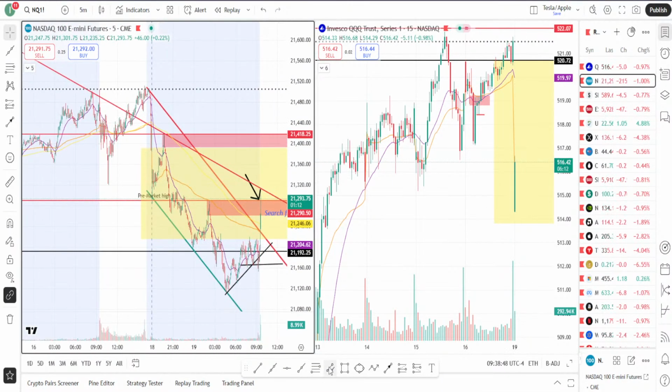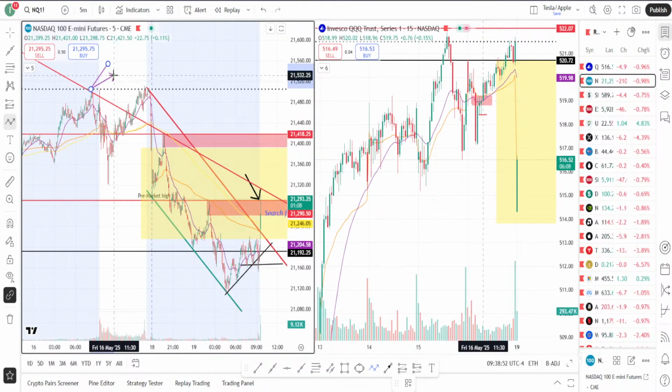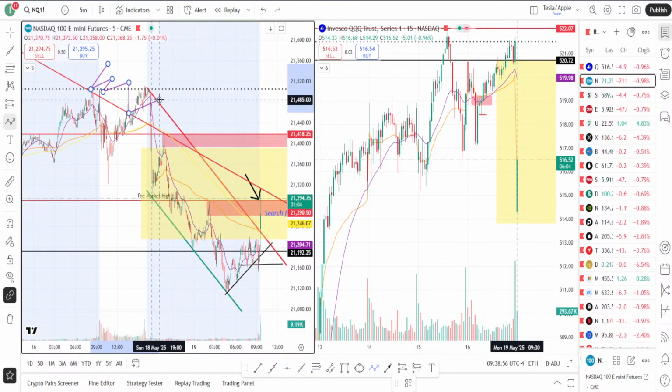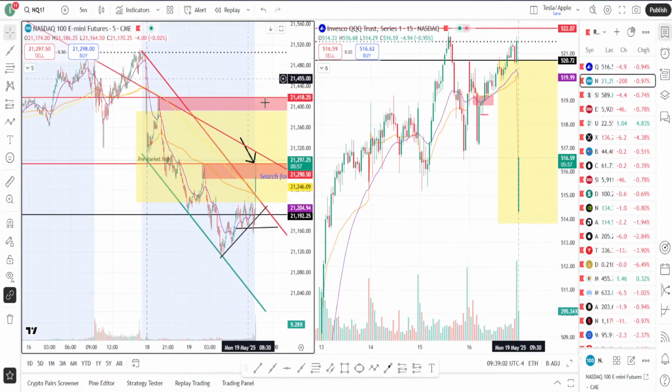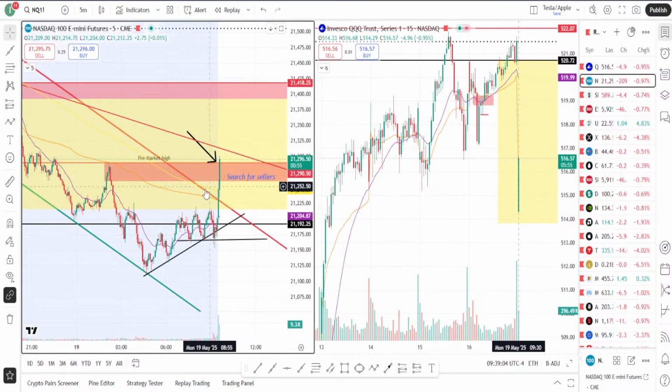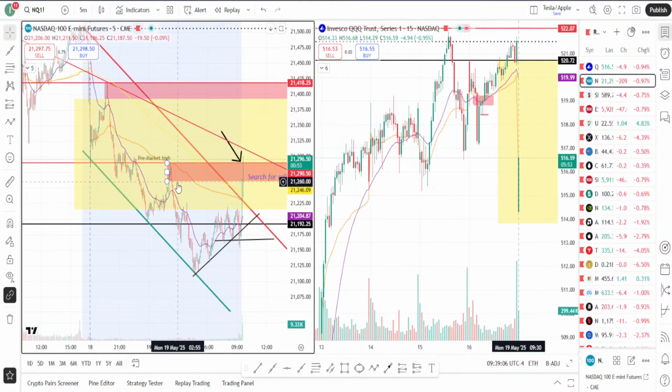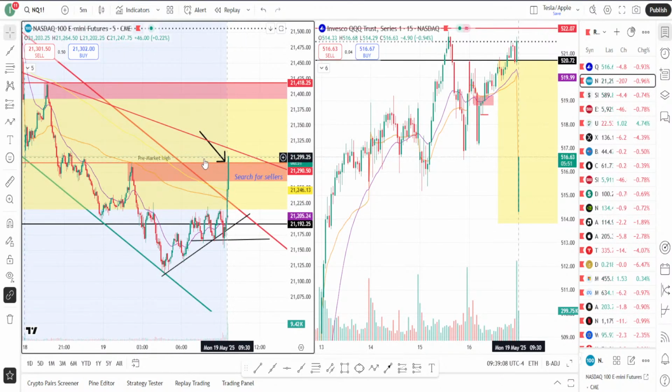What we got: one touch point here, one here, one here, one here. Okay, so we got multiple touch points on this trend line. Just have to see if the market's going to react to it.